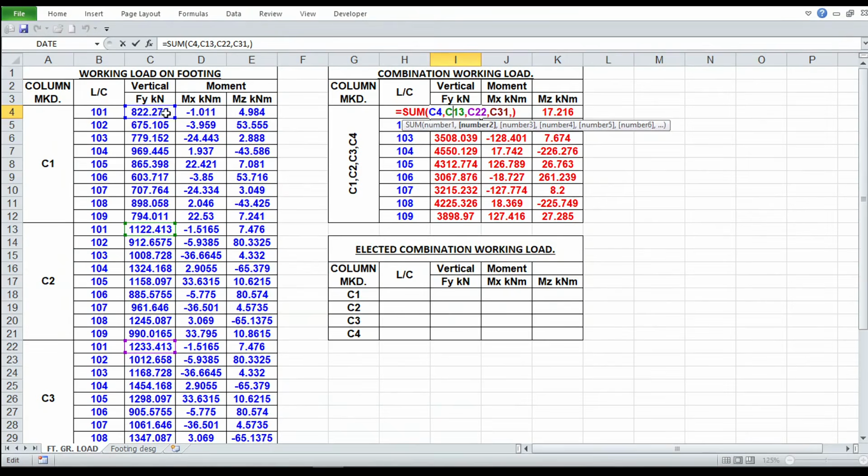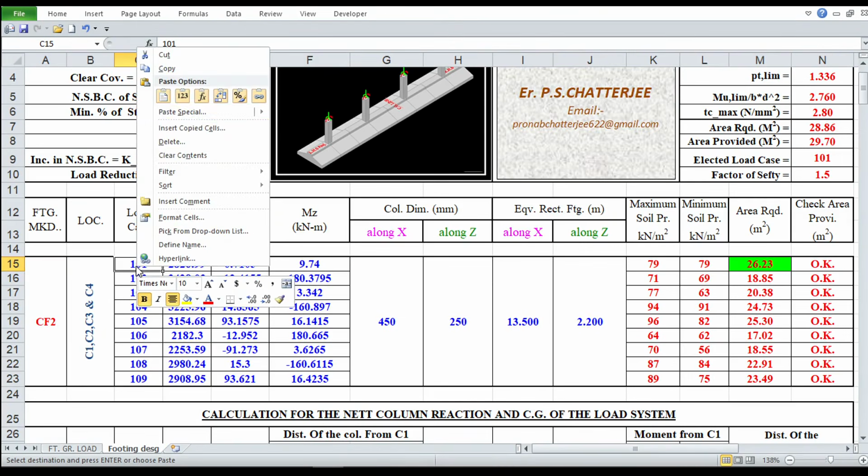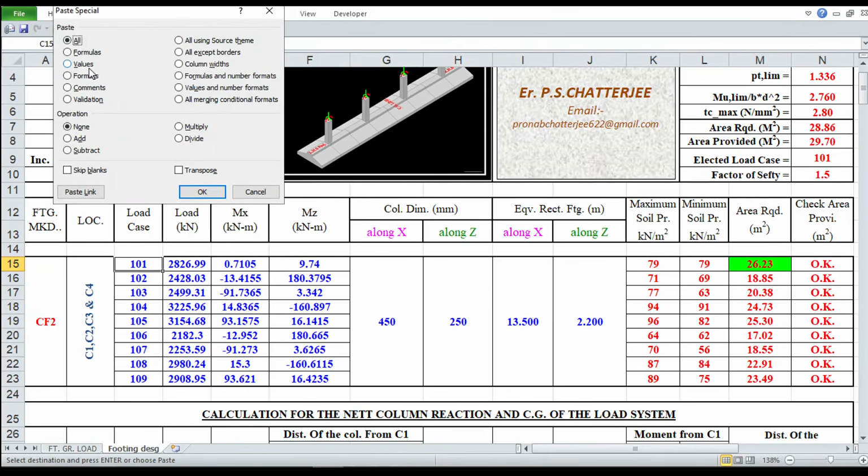This is equal to this plus this plus this plus this combination load case. So I'm copying this, copy, paste special value.